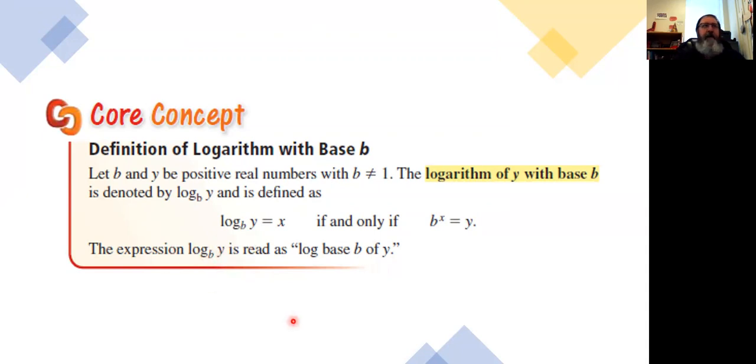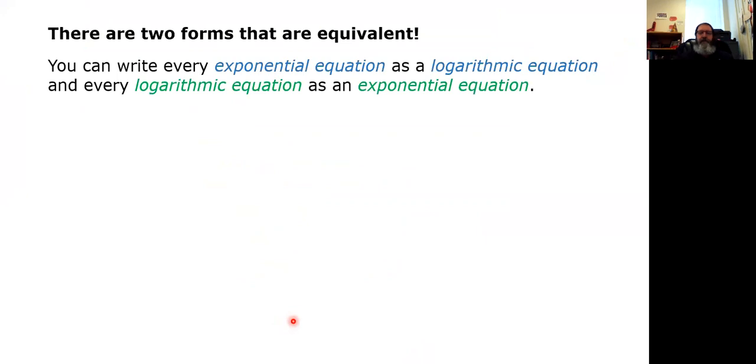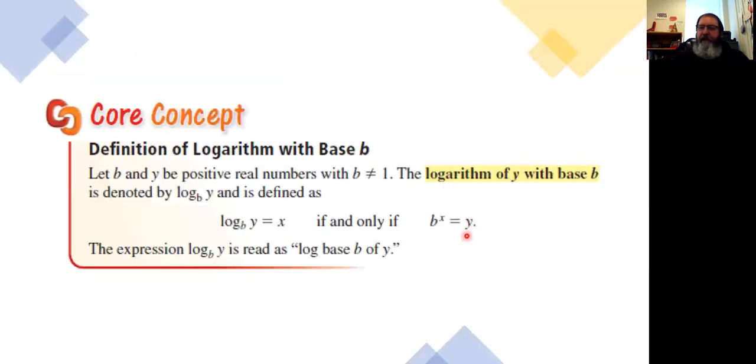All right, let me show you another screen here, and I think it'll help clear that core concept up for you. There are two different forms that are equivalent, that mean the same thing and use the same values. I'm going to go back for just a second. This is an exponential equation, right? Because it has an exponent, that's your independent variable.